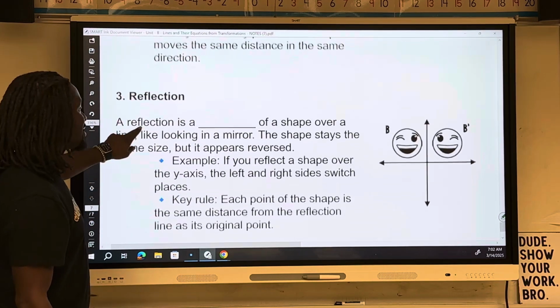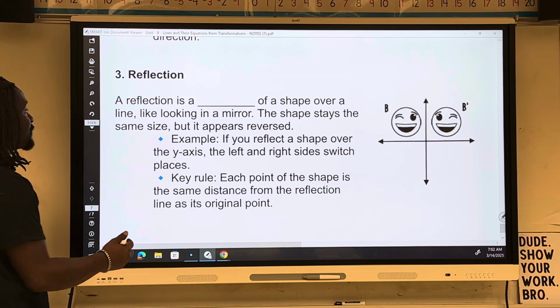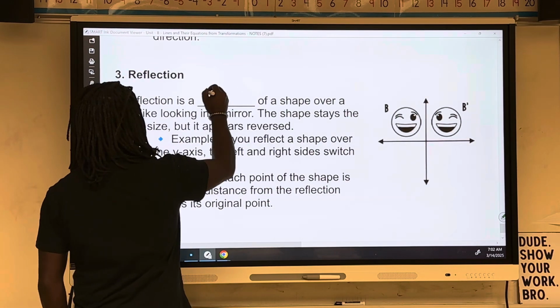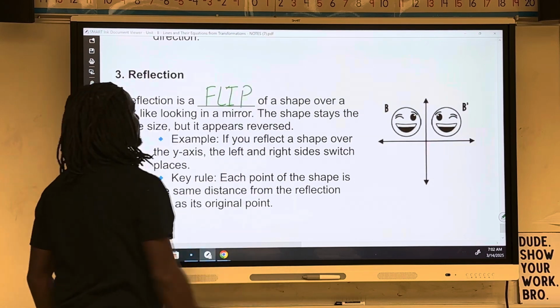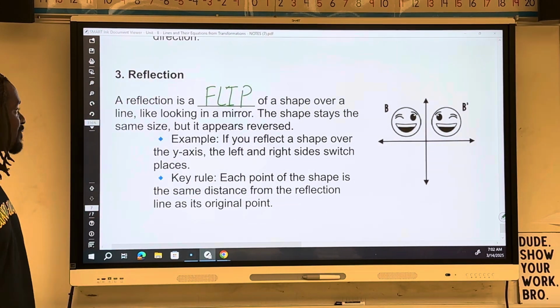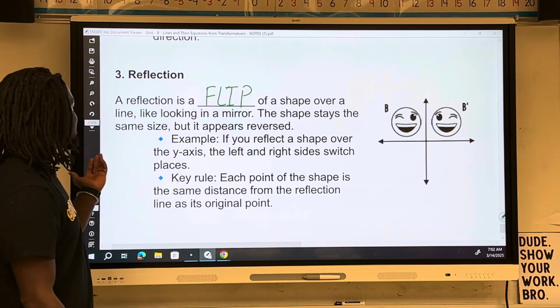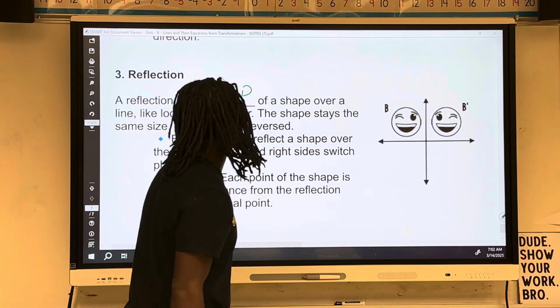All right, and next we have a reflection. A reflection is a flip of a shape over a line, and it looks like a mirror image. The shape stays the same size, but it appears to be reversed, right? Like you're looking into a mirror.